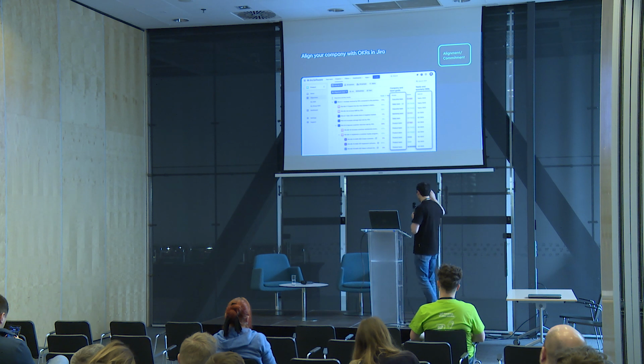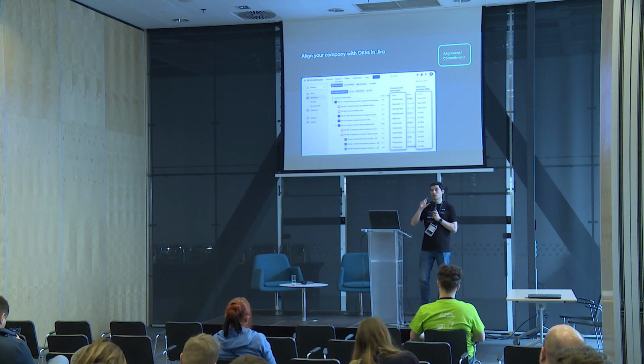And as you can see, all these goals are always linked with a specific time frame. So if you would like to achieve something, you always have a deadline. And in OKRs, the deadline is embedded naturally in this framework.